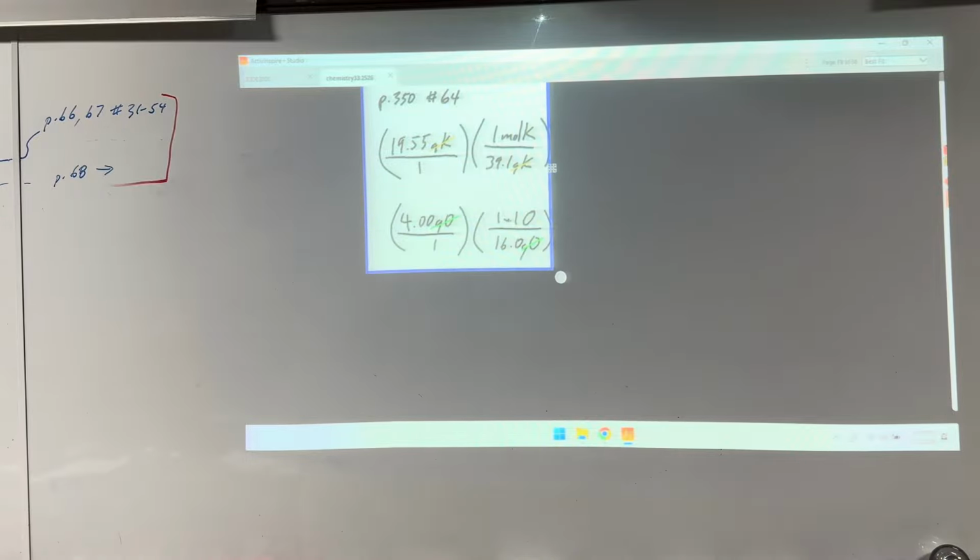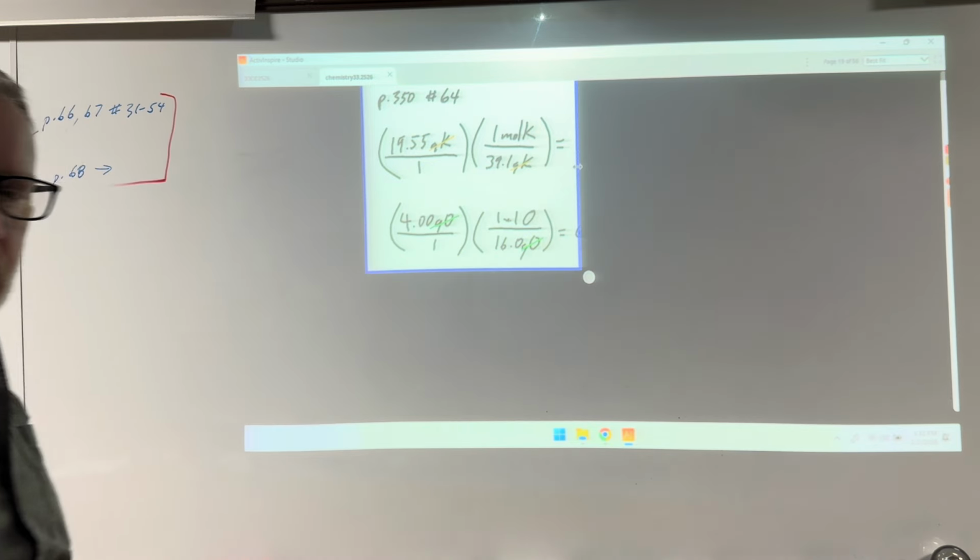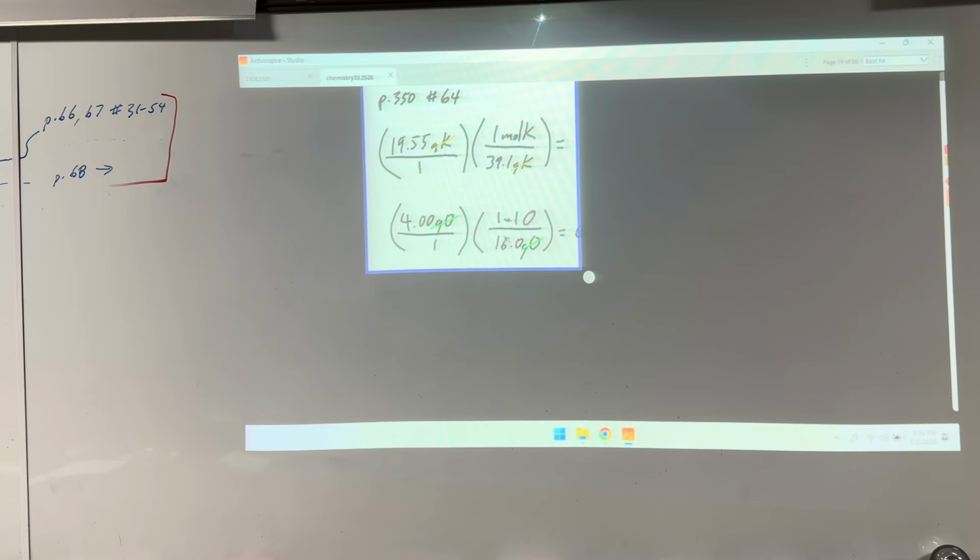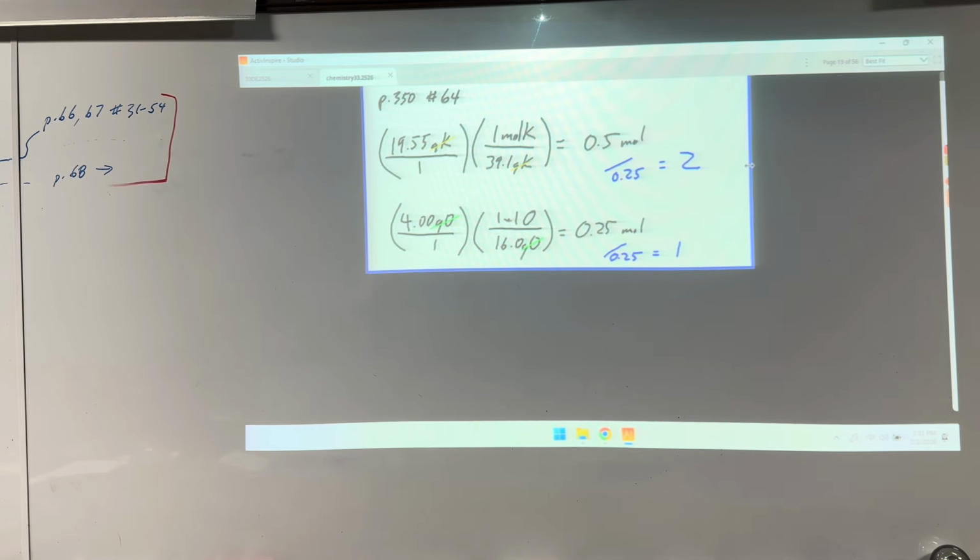Potassium is 39 grams per mole, so you got about half of one there. Oxygen is 16 grams per mole, so you got about a quarter of one there. Divide by the smallest, which is a quarter, and they're in a 2-to-1 ratio, so it's K2O, or some multiple of K2O.